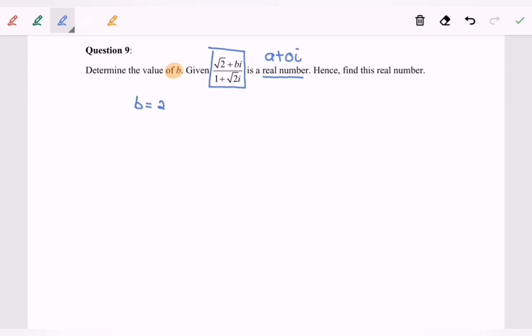So actually, the real number represents the value of a. Hence, find this real number. Actually, the question asks us to find the value of a. So in here, what is the value of a? The value of a is equal to √2. So that will be our answer.